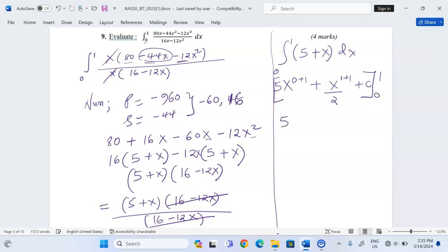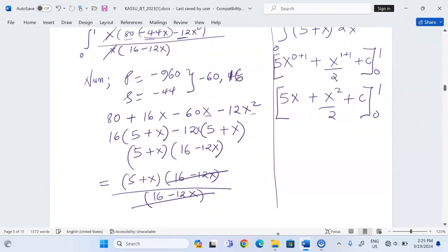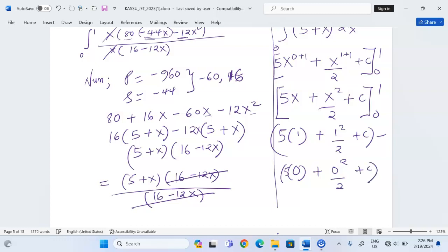So we have 5x + x²/2 + a constant from 0 to 1. When we substitute 1, we have 5 into 1 plus 1 squared over 2 plus a constant, then minus, we substitute 0: 5 into 0 plus 0 squared over 2 plus a constant.